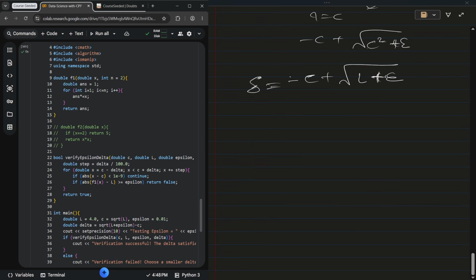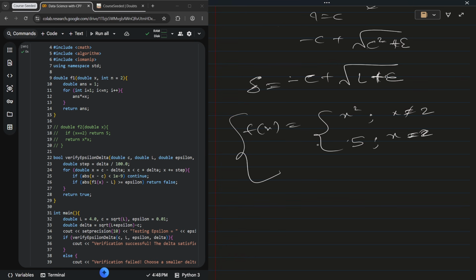And obviously you have a question for this function over here. Suppose you are given a discrete function, fx equals x square for all x not equal to, let's say, x not equal to 2, and it is equal to 5 for x equals 2.